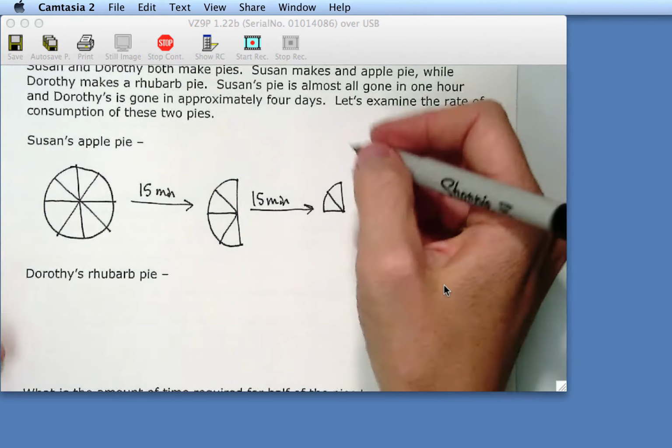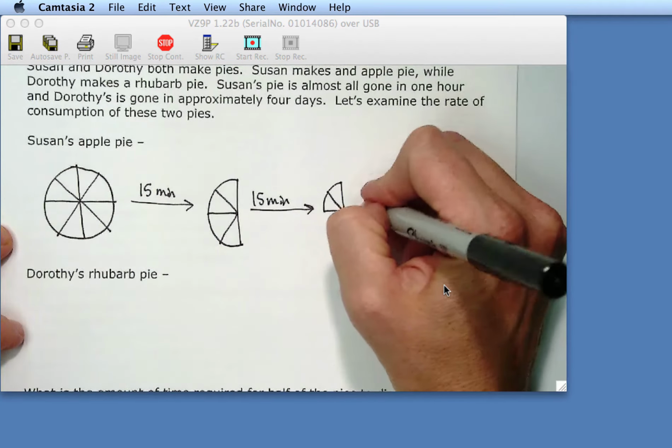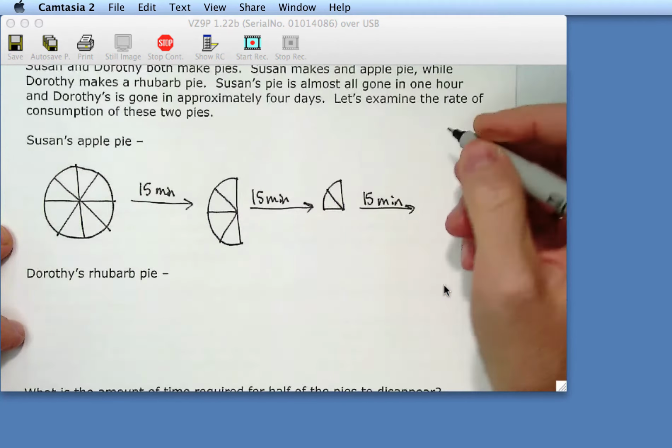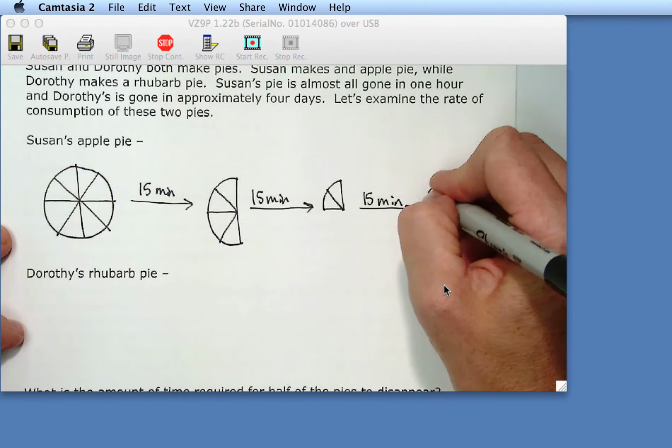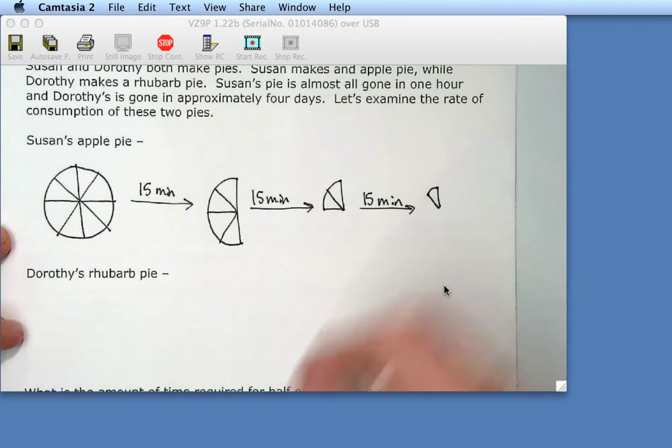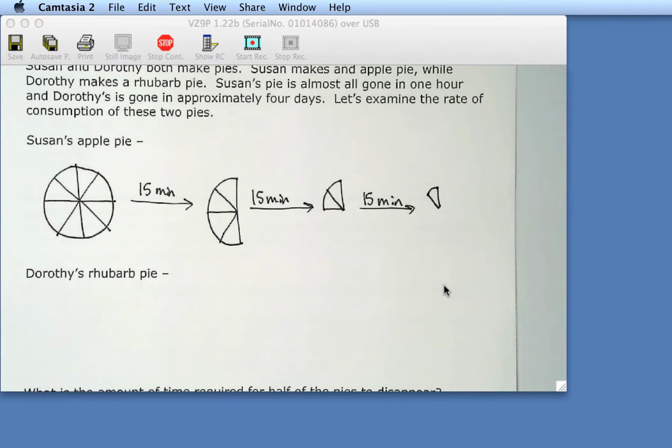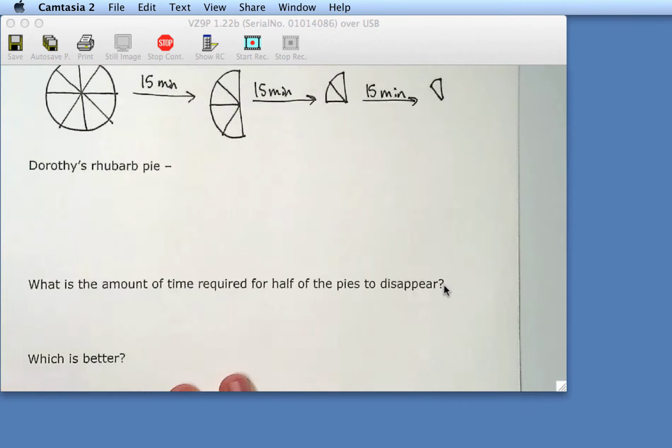And then another 15 minutes elapse, and just 1. And then everybody's just taking little nibbles off that one. They don't want to own that whole piece of pie, right? So that's how Susan's apple pie was consumed.